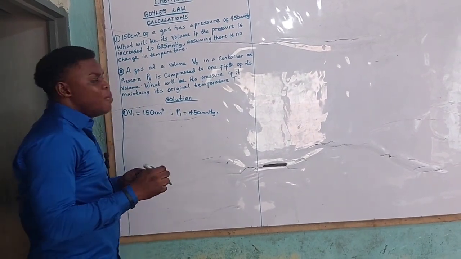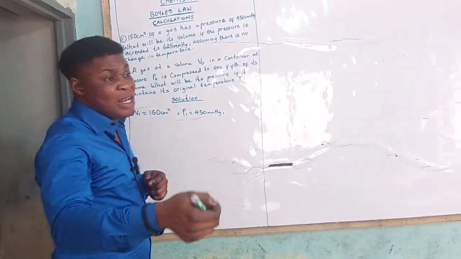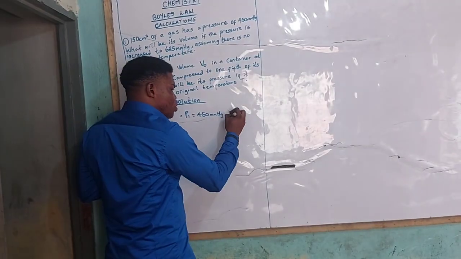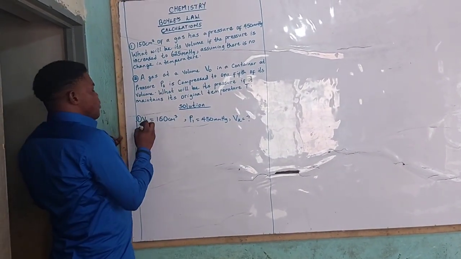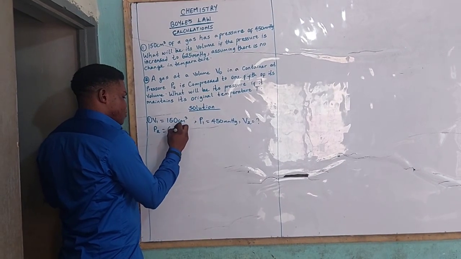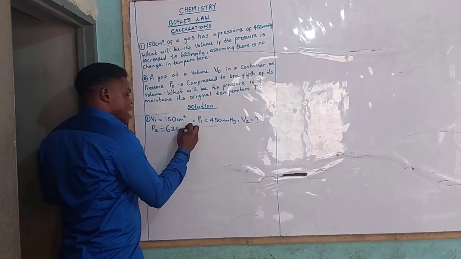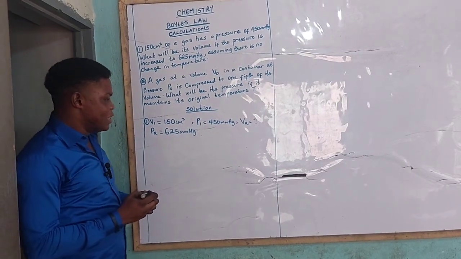Then what will be the volume? That's what we are looking for, our final volume, so we are looking for V2, which we don't know, when the pressure P2 is increased to 625 millimeters of mercury. I believe we are together, guys.